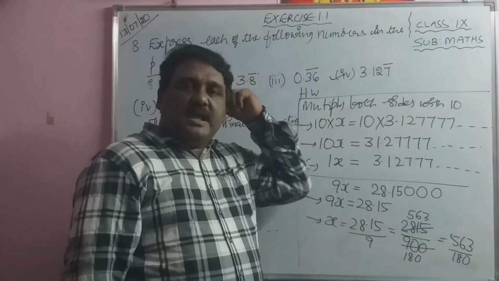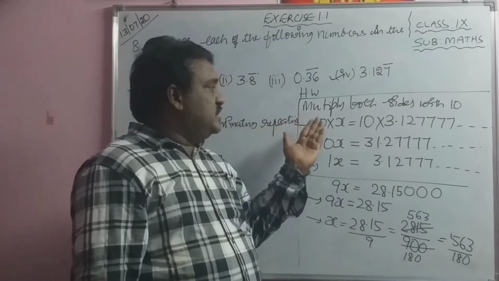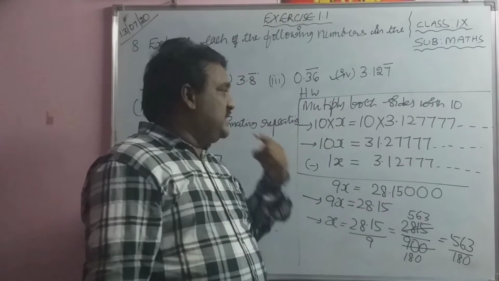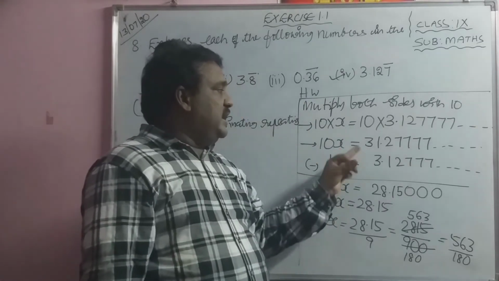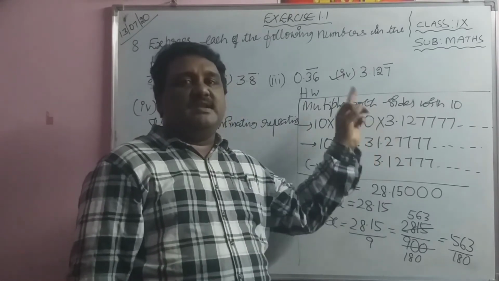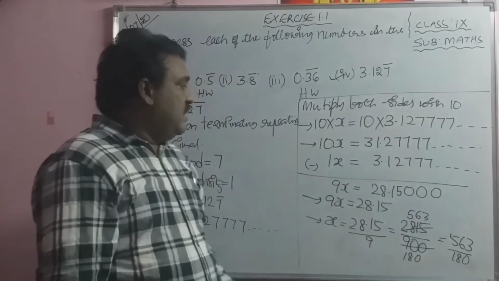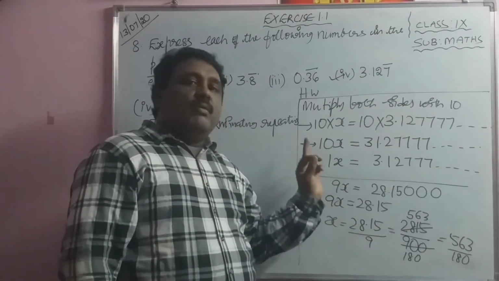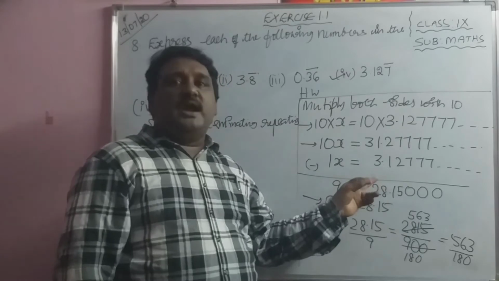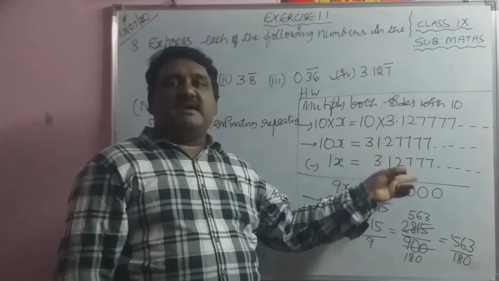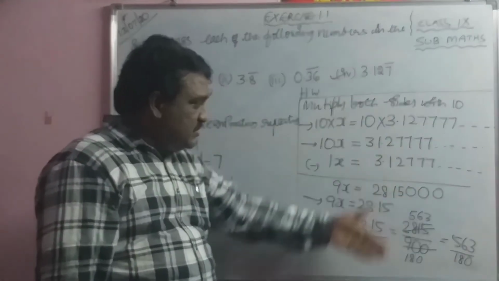Multiply with 10. The decimal point moves 1 place towards the right side: 31.2777 and so on. What is the 1x value? 1x equal to 3.12777 and so on. Let us do subtraction.